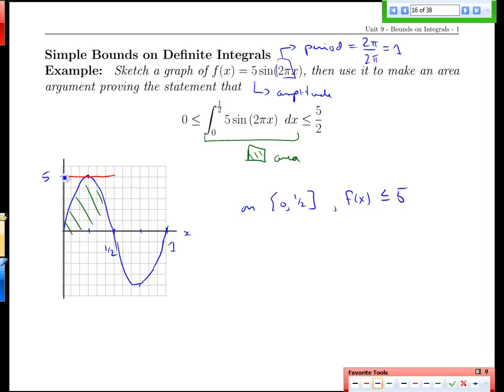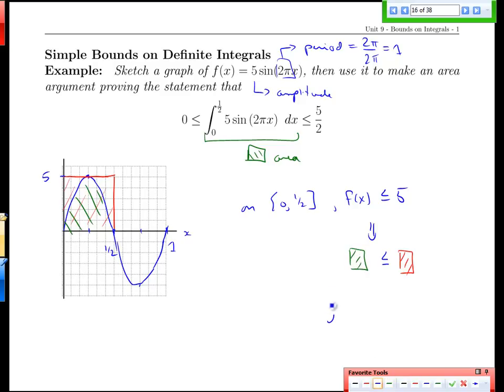And so what we can say is on that interval, the area underneath the graph y equals 5, shading this whole thing in here, that area under the graph of 5 is going to also have to be larger than or equal to the area under the graph.